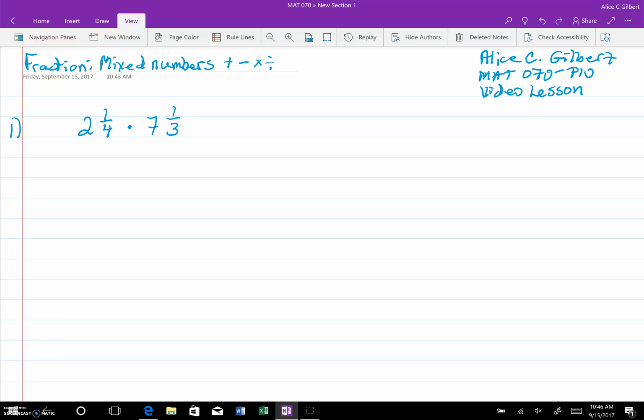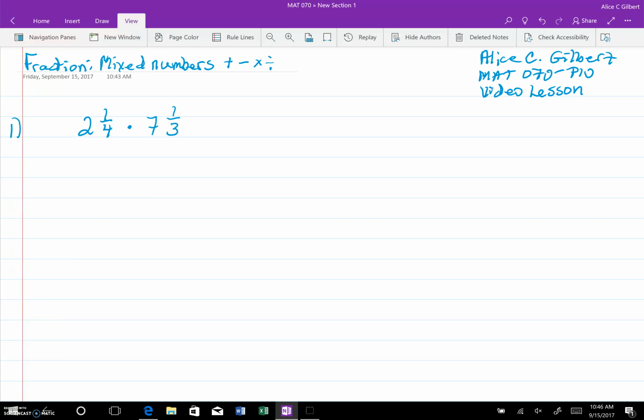So basically, whenever we have mixed numbers, we need to turn them all into improper fractions and do whatever we need to do. And here's my rule of thumb. Whenever you have a problem that has mixed numbers in it, make sure that your final answer is in mixed numbers, if possible.